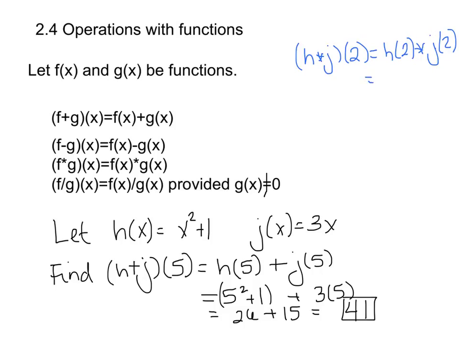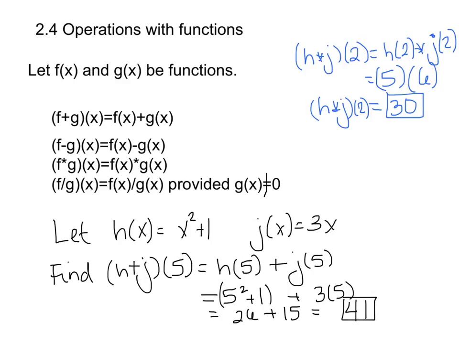H evaluated at 2: we'd take 2 squared plus 1, so that should be 5. J evaluated at 2: 3 times 2 is 6. So when we look at 5 times 6, we get 30. That means (h times j)(2) is equal to 30.